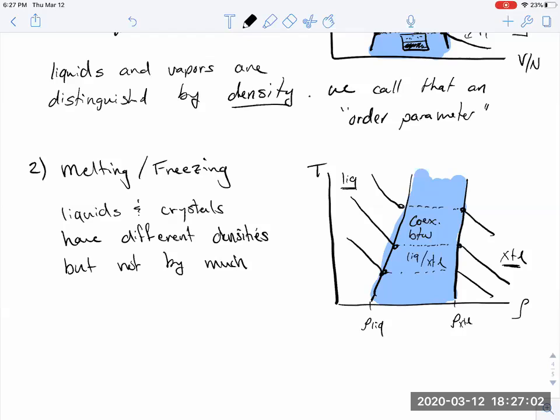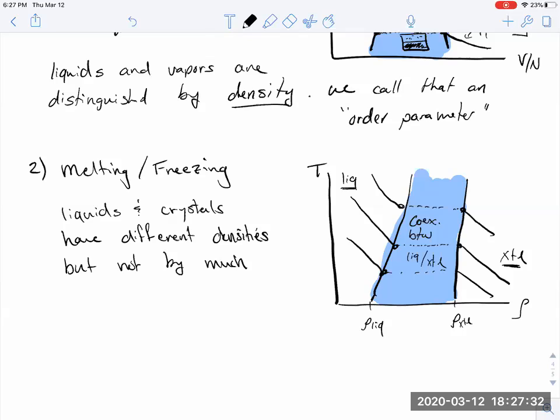Crystals become favored. It's not hard to imagine, in fact, it must be the case that crystals nearly always have lower entropy than liquids. And I think that should make sense. Entropy is just multiplicity, the number of ways something can happen. In most cases, crystals, periodic arrangements, have lower entropy than liquids, which are disordered.